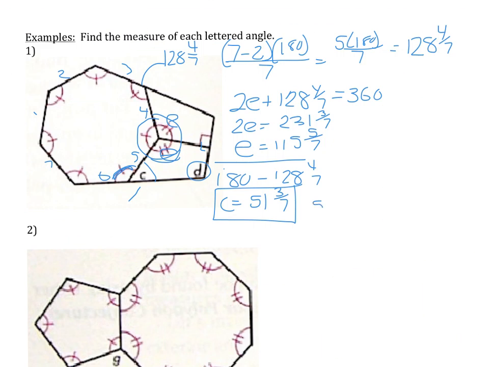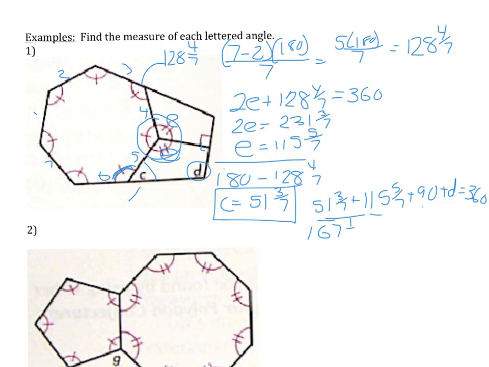I've got 51 and 3/7 plus 115 and 5/7 plus 90 plus D is going to be equal to 360. Adding these three up, I believe I get 167 and, 167 is just these two.